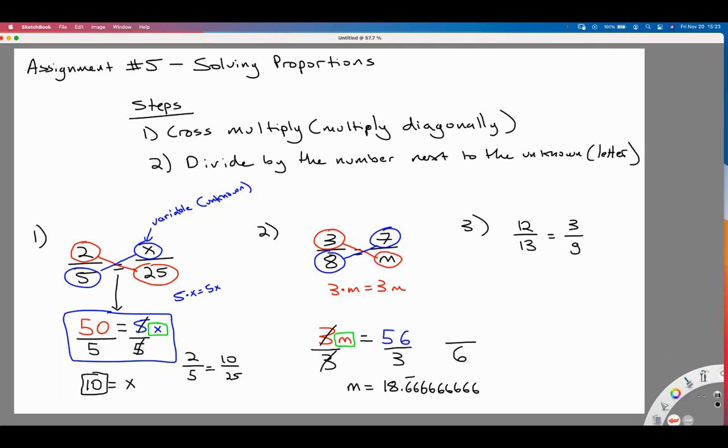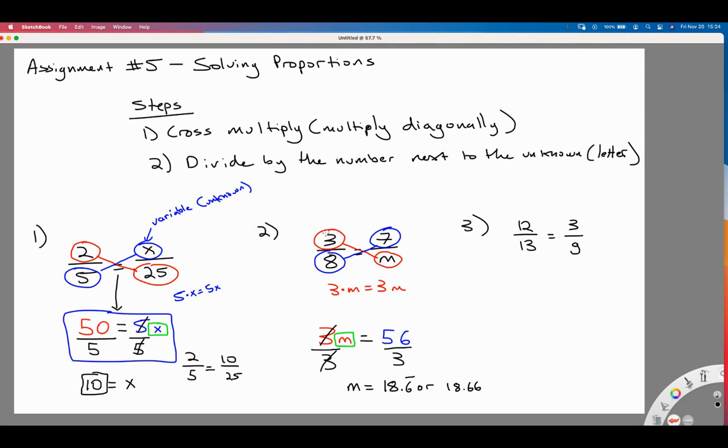So this value here with all these 6s is the same as what I have here, 18.6 with a line over the 6, a repeater symbol we call it. Or you could say 18.66 would also work for me.